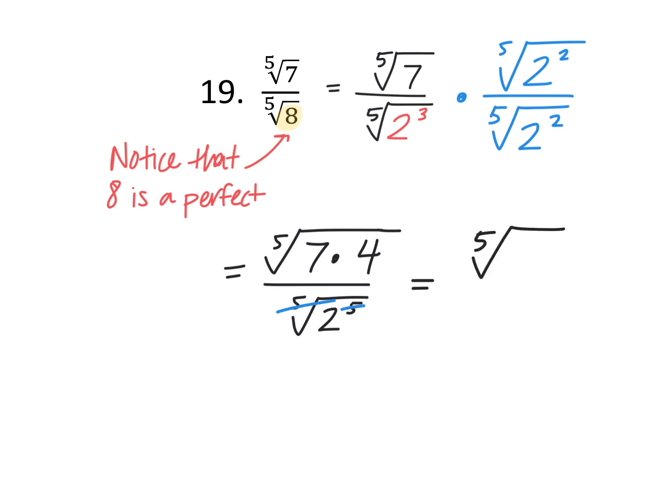So on the top, I've got the fifth root of 28 over just 2. You should always check the numerator and see, okay, that root that I have, is there any perfect fifth that 28 divides by? No, because the first one besides 1 is 32, and that's bigger than 28, so no.